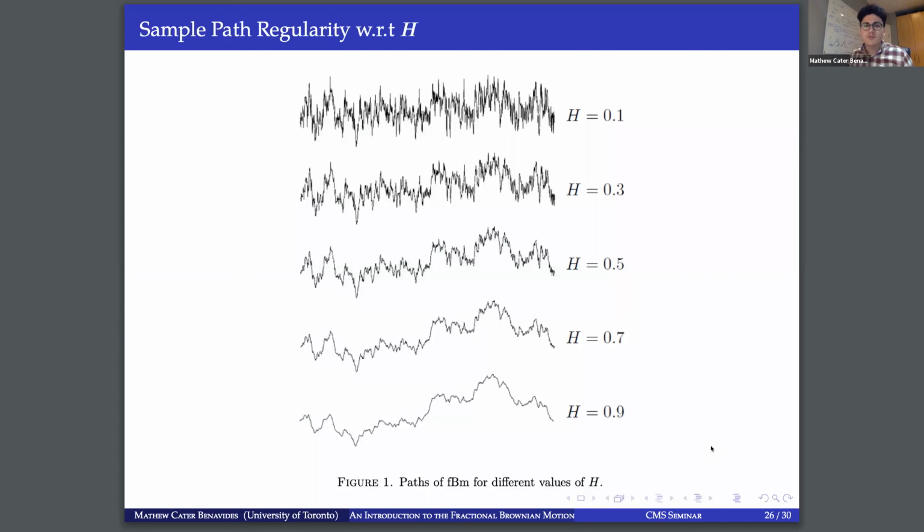And here's what that's going to mean on a physical level. For h equal to 1/2, this is the classical process. And you should be able to convince yourself that there is no correlation with the past in this model. You can see that it's not necessarily continuing what it did in the past, but it's also not doing the opposite in some radical way.